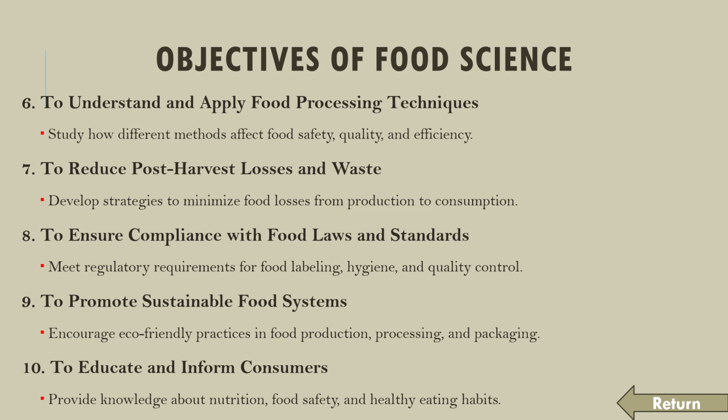To ensure compliance with food laws, meeting all regulatory requirements for labeling, hygiene, and quality control. 9. To promote sustainable food systems, encouraging eco-friendly practices in production, processing, and packaging. 10. To educate consumers, spreading awareness about nutrition, food safety, and healthy eating habits.